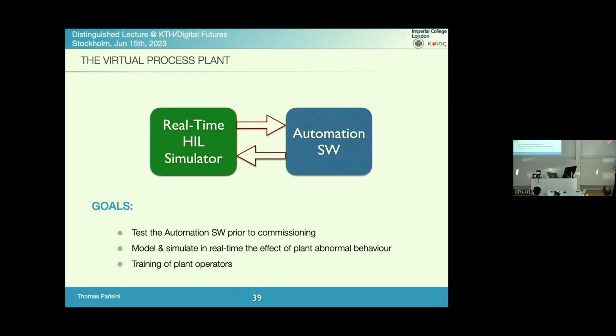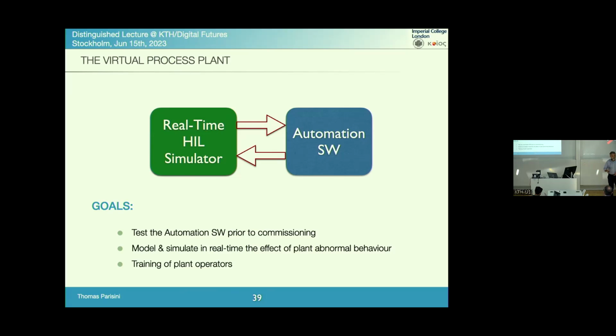You can commission the automation on the digital twin and then bring it to the real plant and plug it in. And there is an estimate in this kind of industry that the commissioning of an entire automation system of a steel plant, for example, typically takes between 3 and 6 months on site.